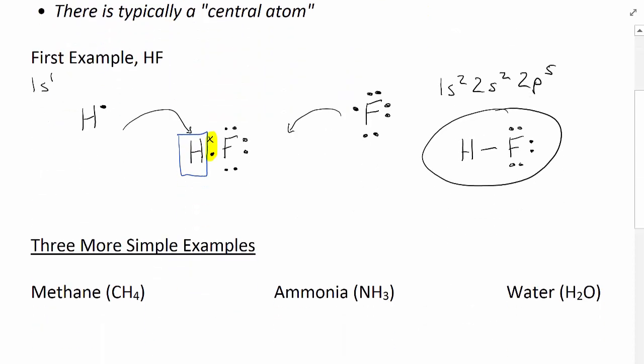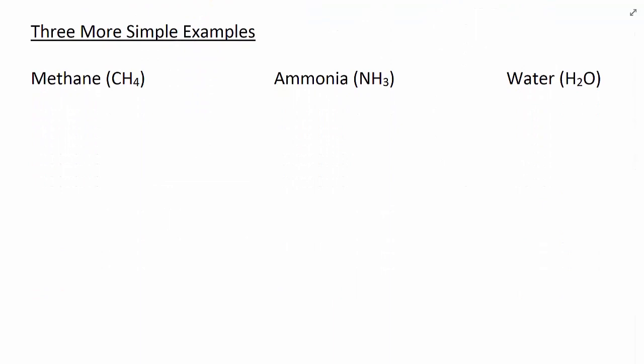All right, fantastic. Let's try a couple more examples, a little bit more complex, but still simple. Methane is CH4, and just for now, I'm going to tell you that hydrogen can never be a central atom. Therefore, the central atom in this particular molecule is the carbon. If we draw a carbon, it's going to have 4 electrons around it: 1, 2, 3, 4.